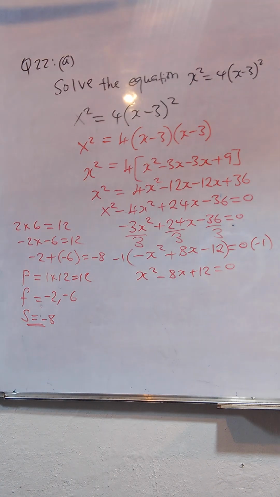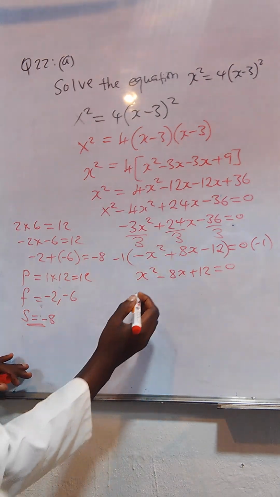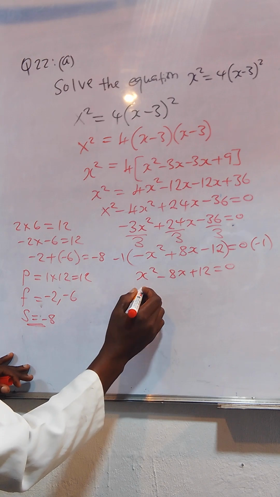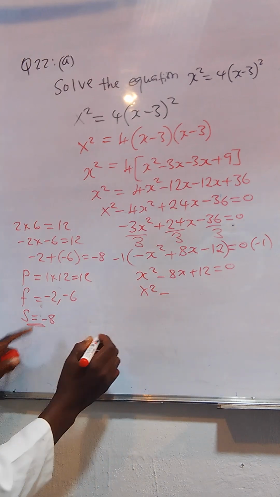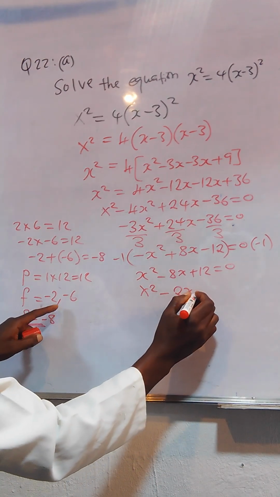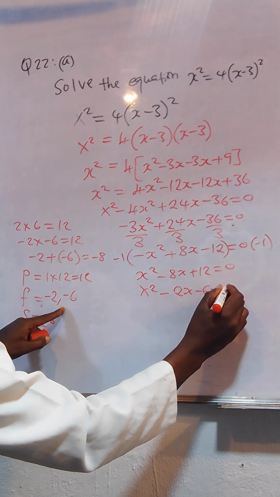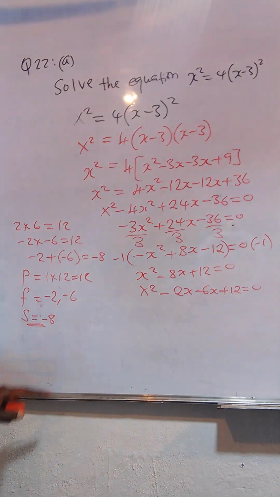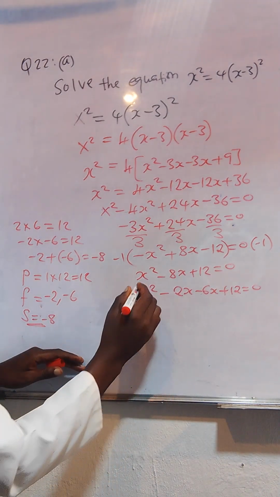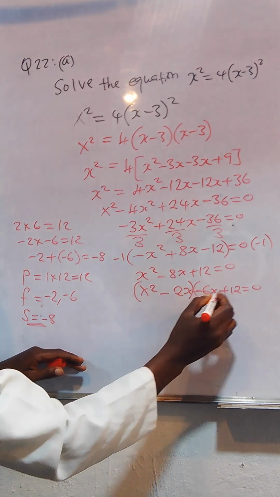So from there let us try to replace now: x squared minus 2x minus 6x plus 12 equals 0. And then from there we can just group these.